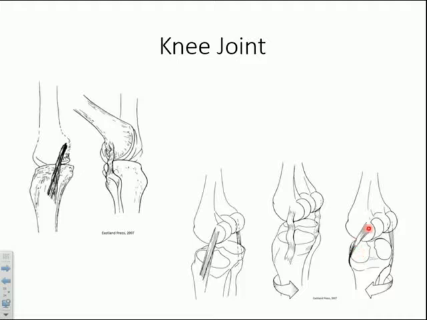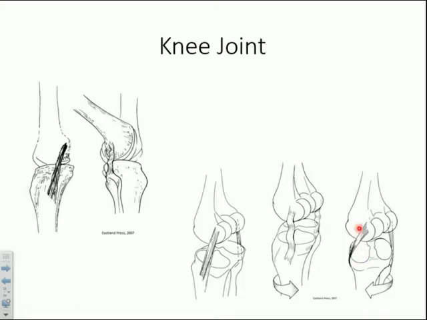This creates an interesting phenomenon. When you look at the contours of the tibia and the femur, the femoral condyles have a slightly different architecture. The medial condyle tends to be smaller and have a much more pronounced curvature. As a result of these differences, when we go from a flexed to an extended position, it tends to produce lateral rotation of the tibia on the femur in the last few degrees of knee extension.